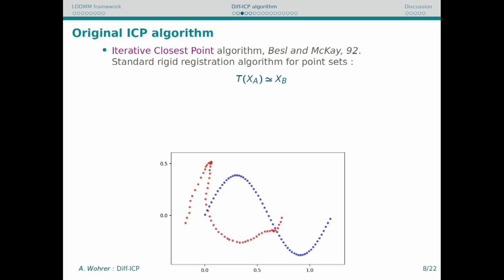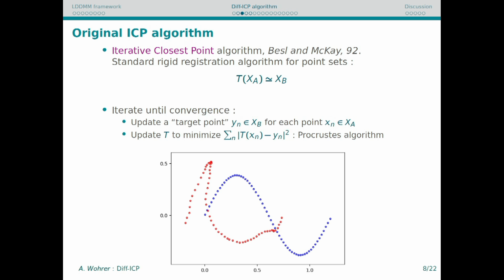And the original algorithm had an empirical way of doing that. They said, let's iterate that: at every step, for every red point, we find its closest neighbor in the blue set. So that's what we do here. Just find the closest neighbor and then try to update the transform so that each point is set as close as possible to its target.